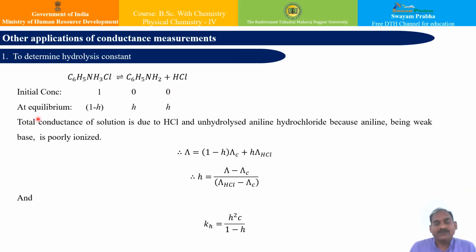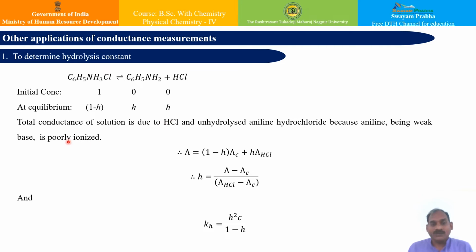When dissolved in water, it hydrolyzes to some extent, and at equilibrium, in terms of the degree of hydrolysis h, the salt is 1 minus h, aniline is h, and HCl is h.